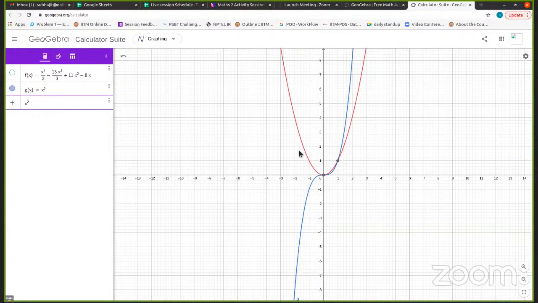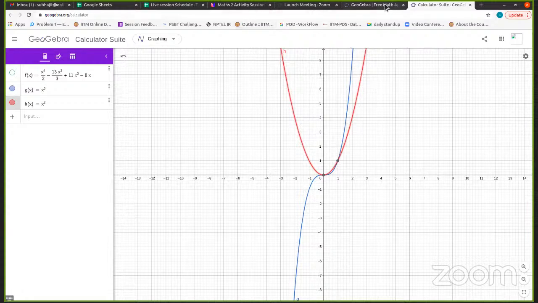That is a minima because it is a turning point. Here the slope changes, but for x cube at 0, the slope does not change. So that's the difference between saddle points and maxima minima. So from the graph, it is easier to say what is a saddle point.